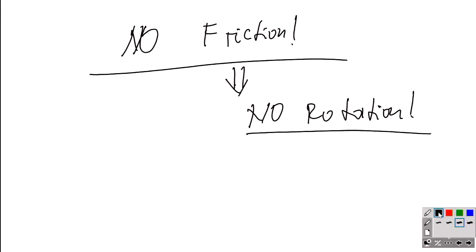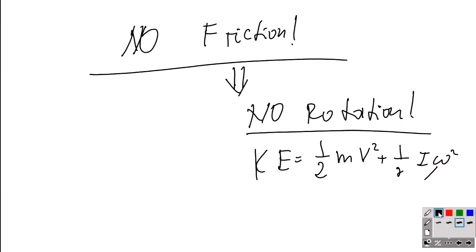No rotation means the kinetic energy now has only one term, 1/2 m v squared. Technically, we could write plus 1/2 I omega squared, but now omega is not equal to v over R because there is no coupling. Now omega equals 0 because there is no rotation.